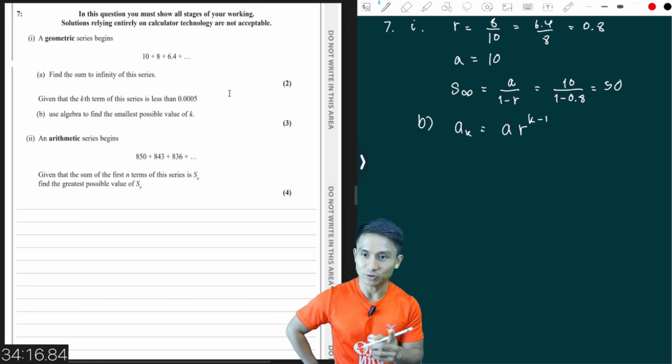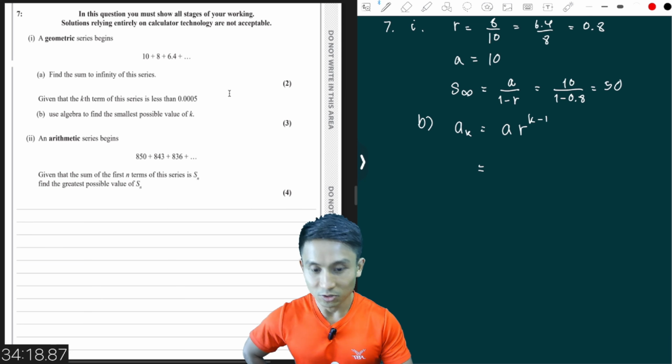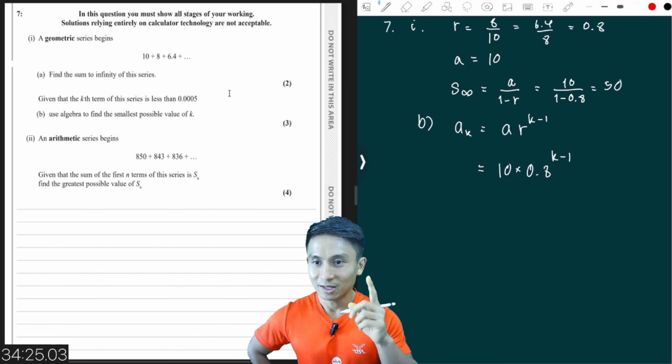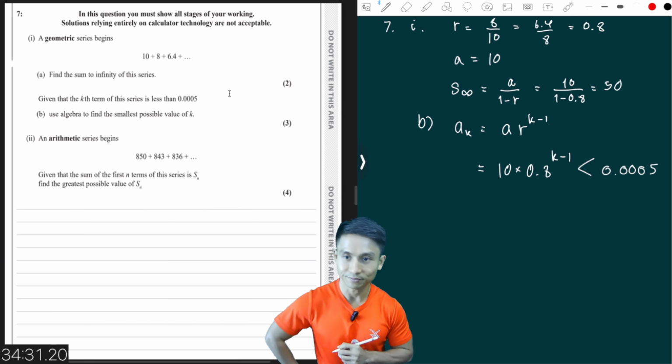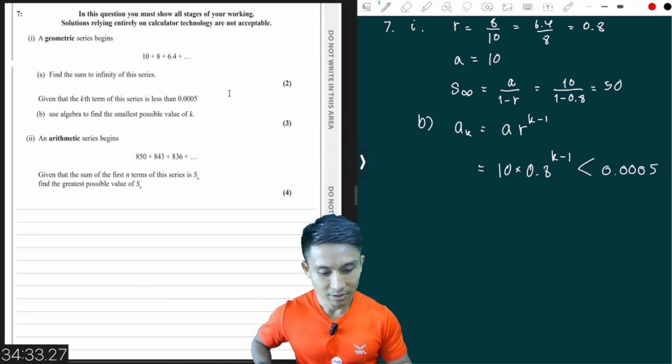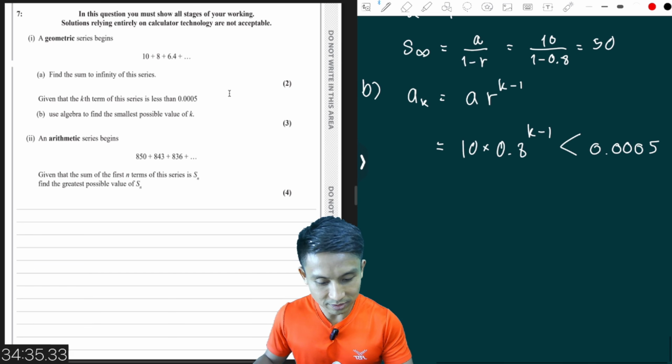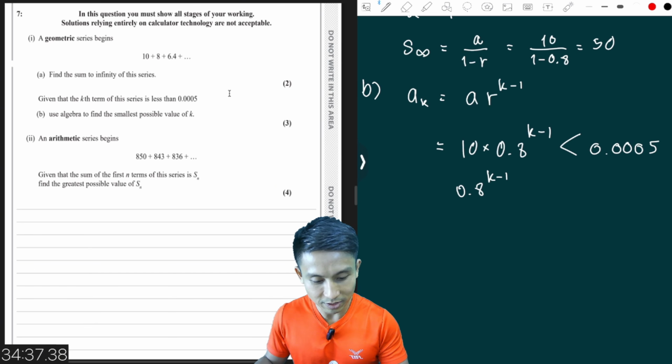That's the geometric formula, okay? So 10 times r, which is 0.8, to the power of k minus 1, and it says that it's less than 0.0005. Okay, so we're just going to solve this log inequality.